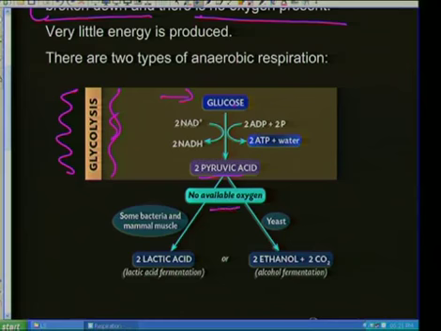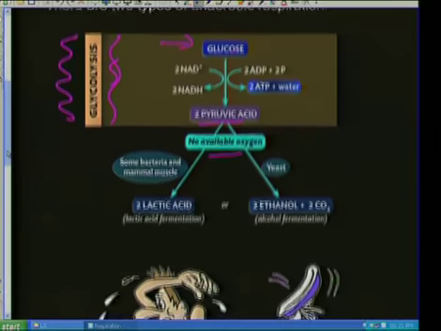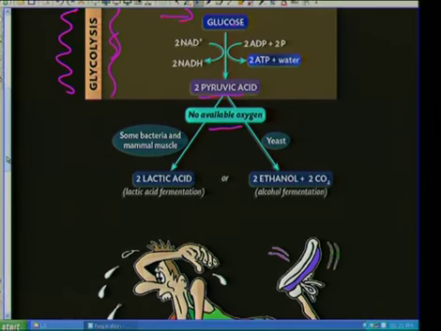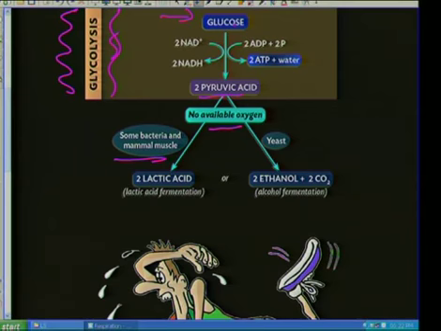So if there's no available oxygen, and if it's a bacteria and some mammals and animals, then the pyruvic acid doesn't go through Krebs cycle. It doesn't go through oxidative phosphorylation. It is used in reactions to produce what we call lactic acid. And this process is called lactic acid fermentation.